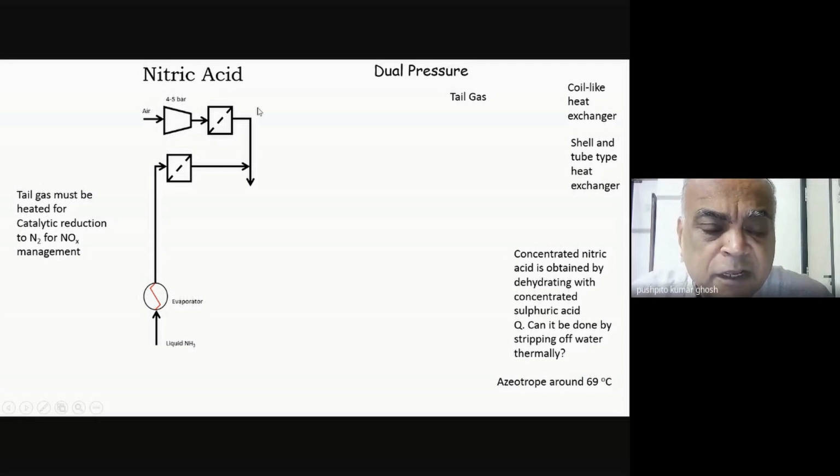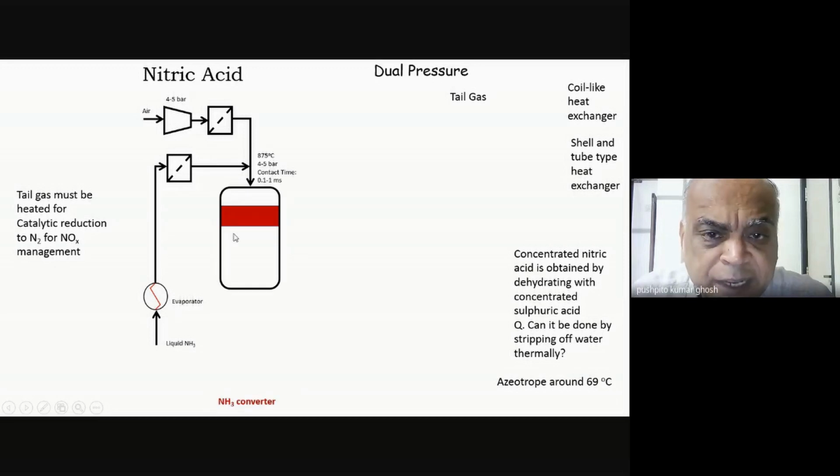These are filters to enable these impurities to get removed, and then you are introducing it into your catalyst bed, which, as we discussed, is the platinum rhodium alloy, the rhodium being added to reduce the loss of platinum because of evaporation.